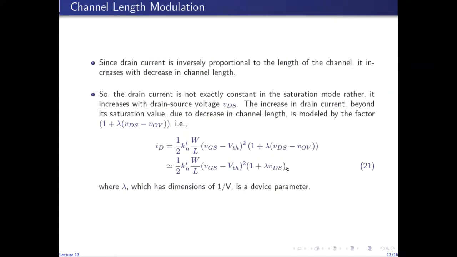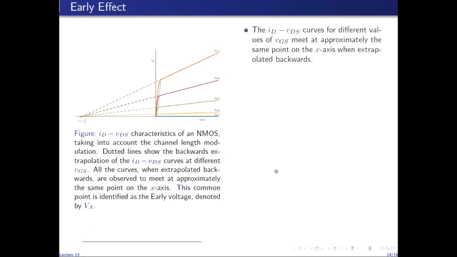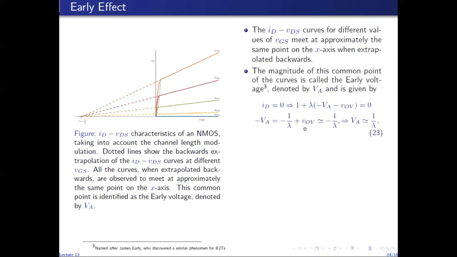But if we use this approximation, which is most commonly used, then it is equivalent to ignoring this VOV, which gives us the early voltage as equal to 1 over lambda. So you can see that almost all of these curves intercept the x-axis at approximately the same point, given by minus 1 over lambda.